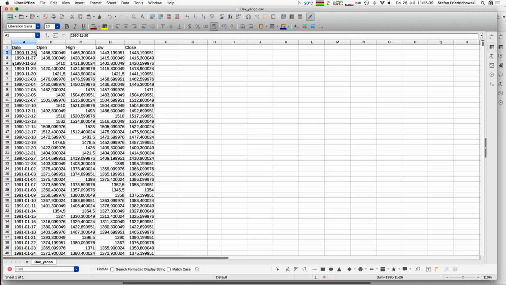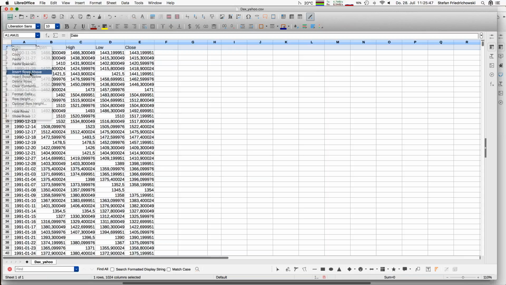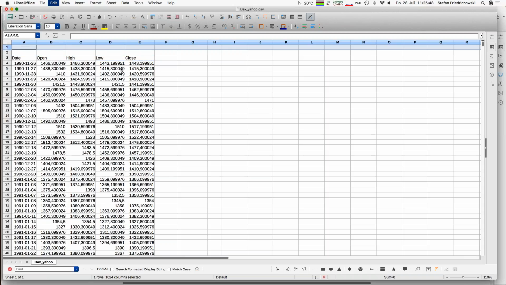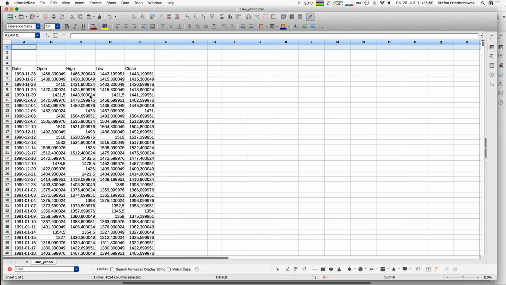So now we have all the DAX values, and I really want to show you the steps of how to create this kind of strategy within Excel. I make some empty lines above so I can use that space later.